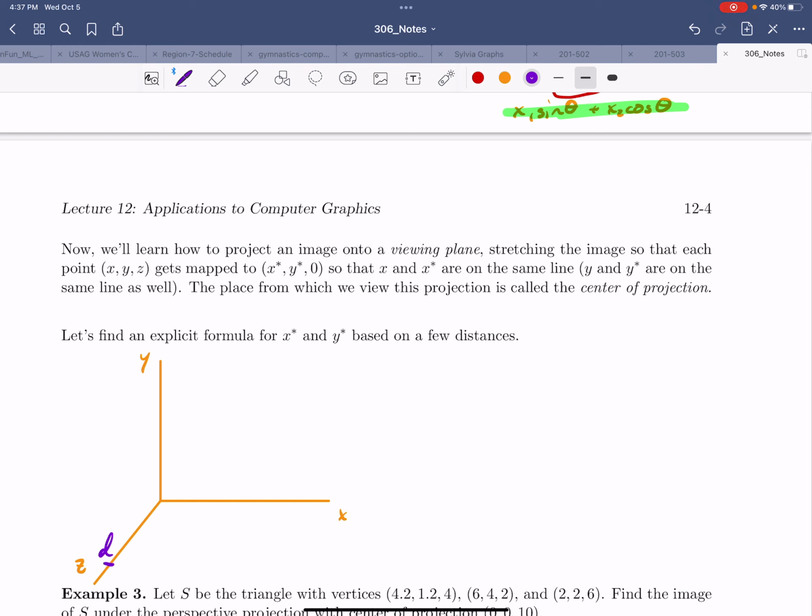And from here, what we're doing is we are projecting onto this plane right here. So if there's some sort of a rectangle, for example, here, then what we're going to do is we're going to project from d, from that rectangle, onto the plane.